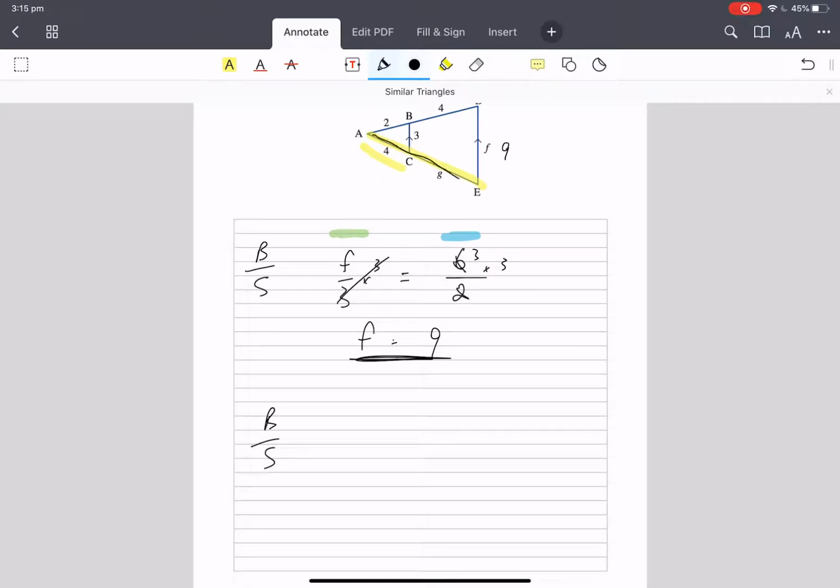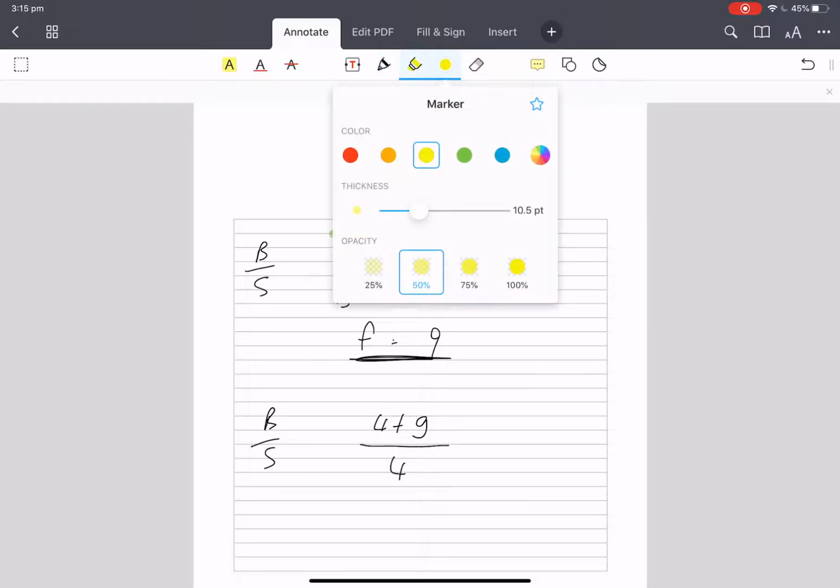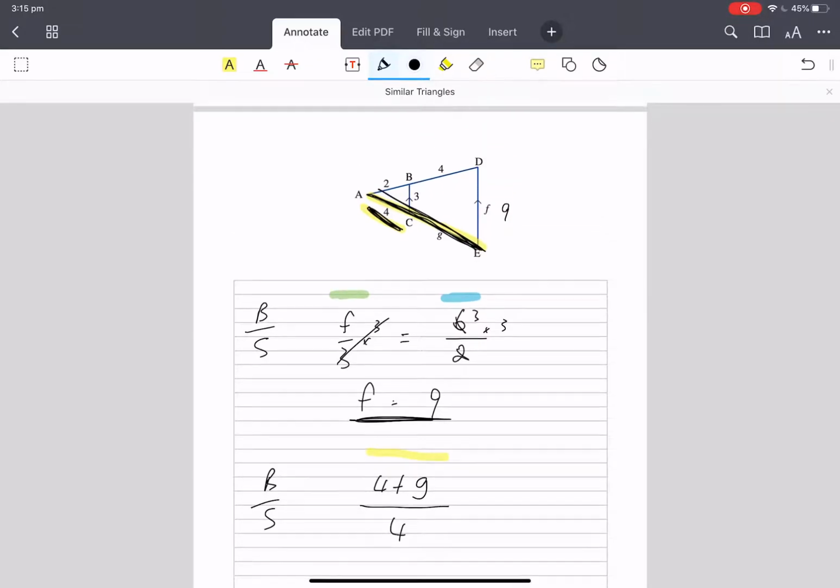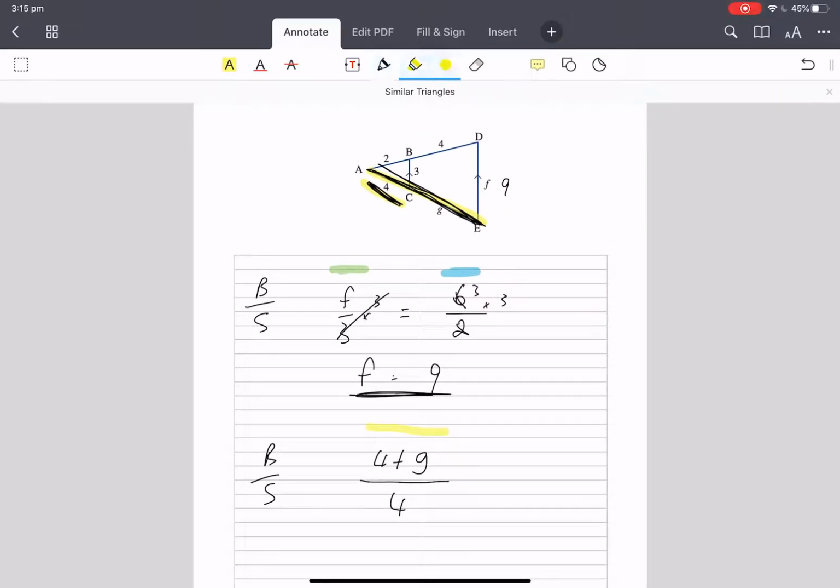So my big line there is going to be 4 plus G on small, which is just 4. So that's my yellow ratio. And let's just stick with the same blue ratio as we had before, because that worked all right. And that blue ratio was that 6 over 2.